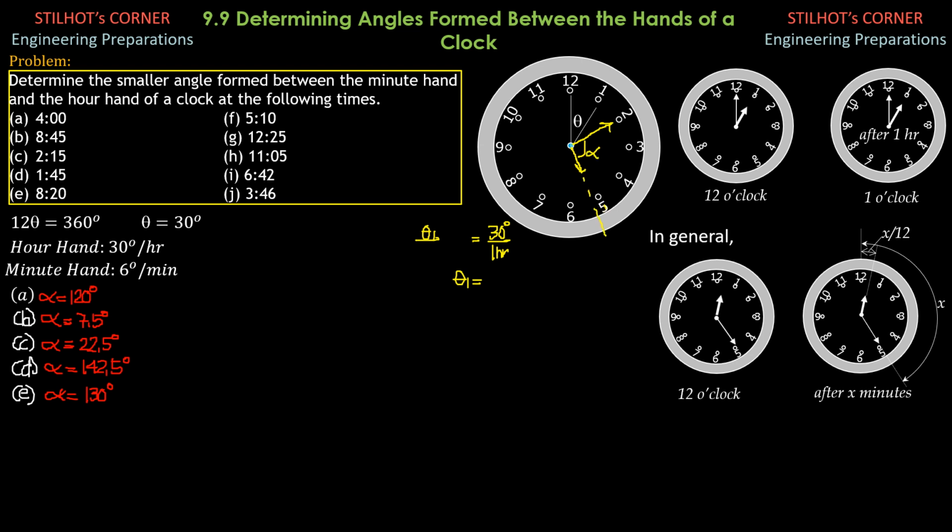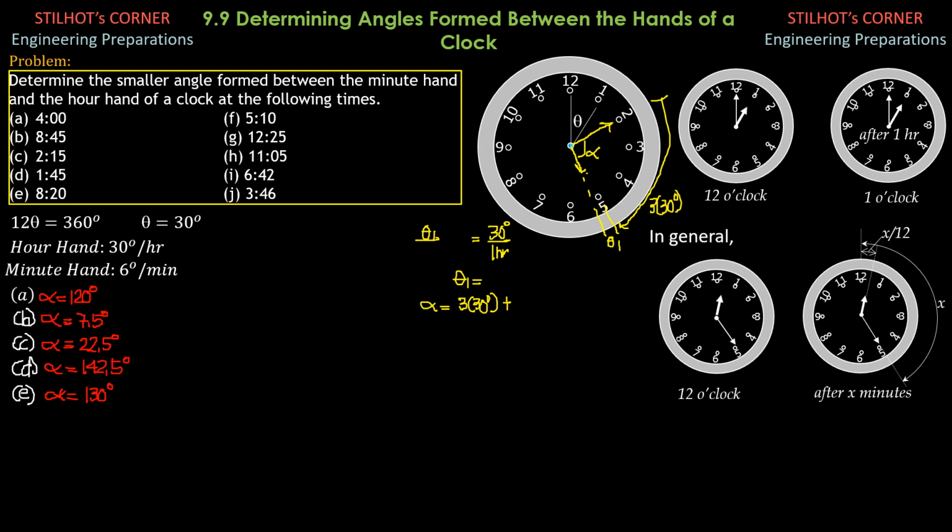I will call this again theta 1. Between 2 and 5, that's 1, 2, 3, 3 times 30. So this is already 90 degrees. Therefore, alpha is 3 times 30 degrees plus theta 1.